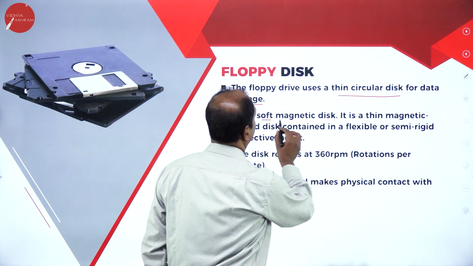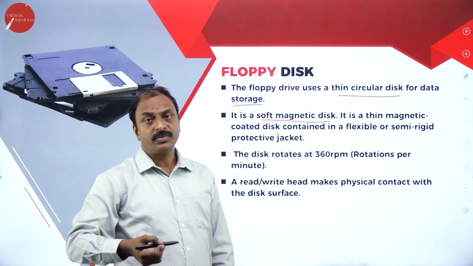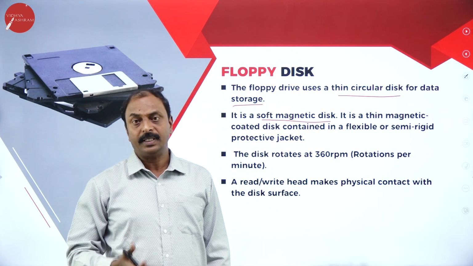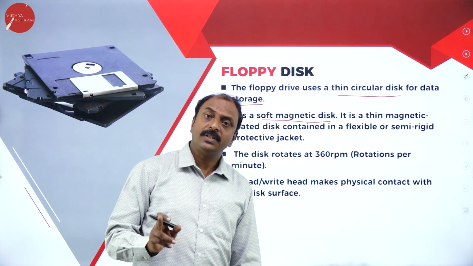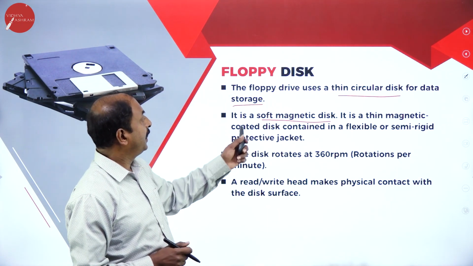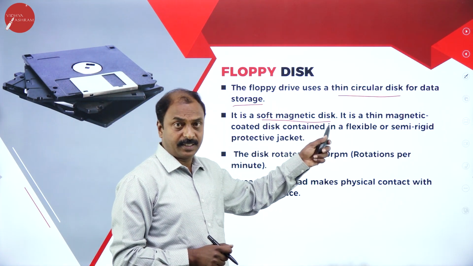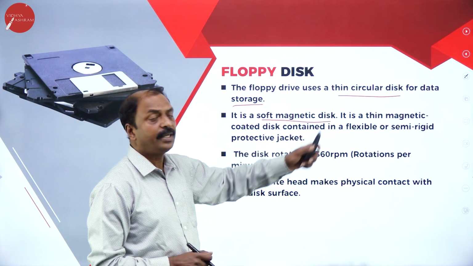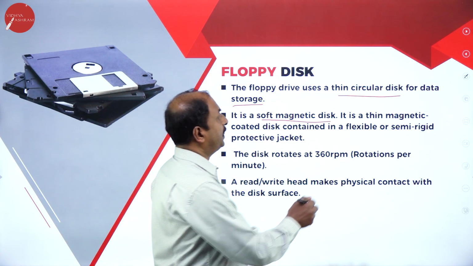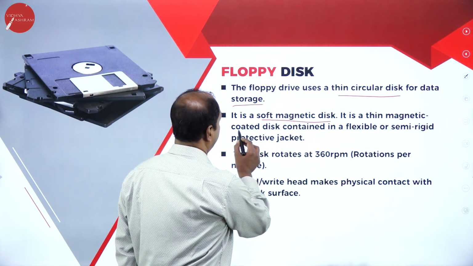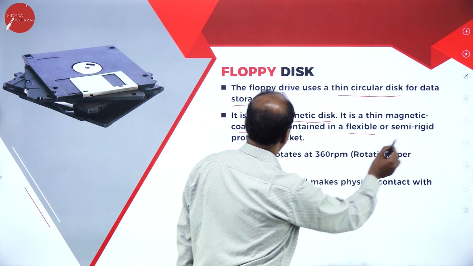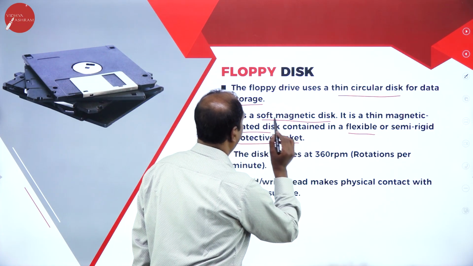It is a soft magnetic disk. As we have seen, the hard disk was solid metal and not flexible, but here it is a soft magnetic disk. A floppy disk is a soft magnetic disk, and it is very flexible. It is a thin magnetic coated disk contained in a flexible or semi-rigid protective jacket.